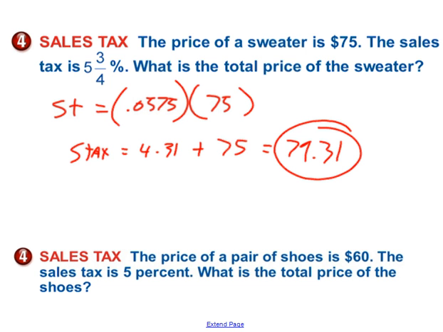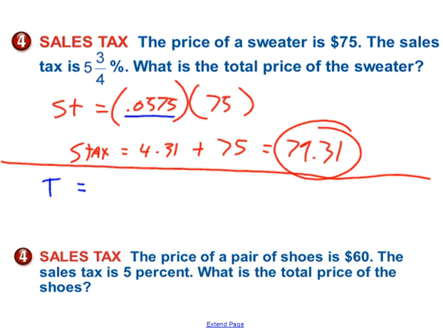Second way to do that, I'll do it here just in a different color. Second way to do that is to find out the percentage of the total price. So I can say the total price is going to be equal to the 100% for the original price plus the sales tax. So it's 100%, or 1, would be 1.0575 times the 75, the original cost.